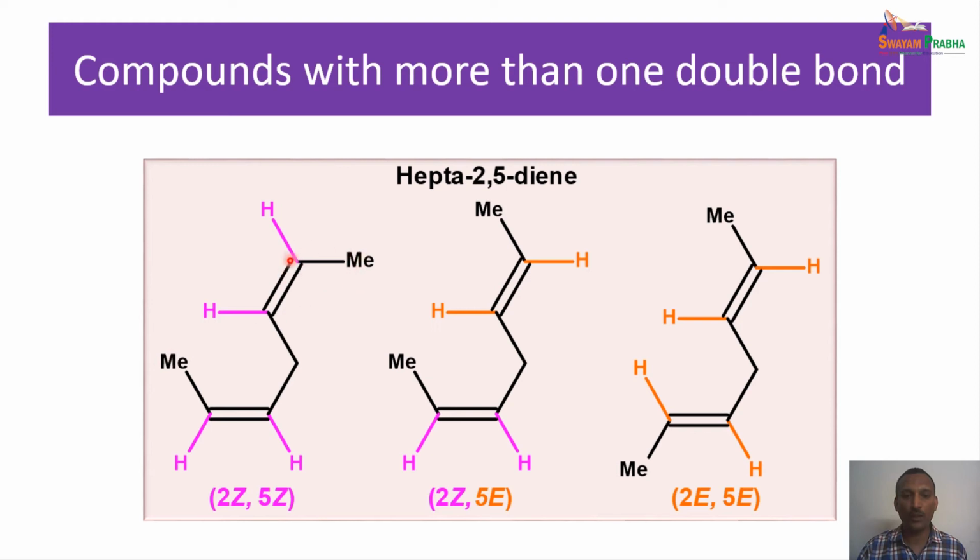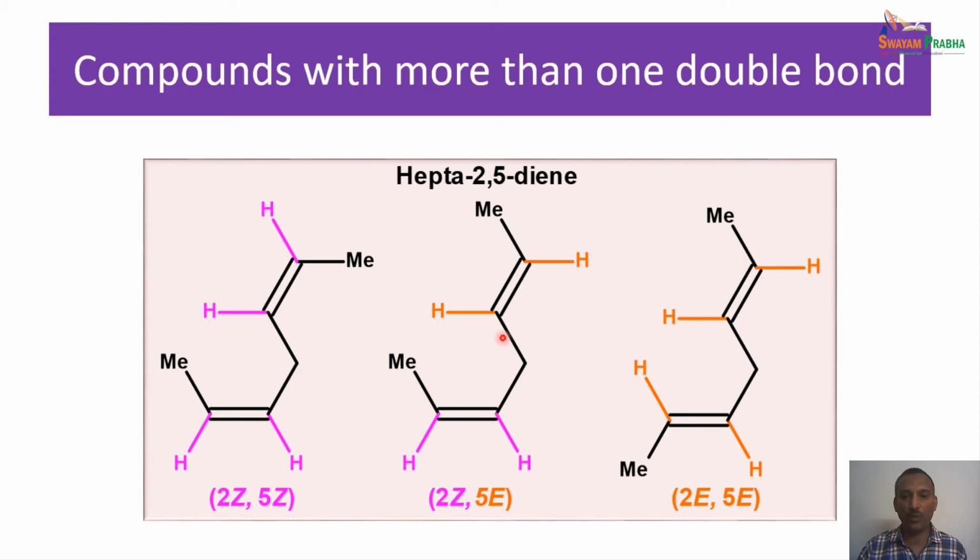On the second carbon there is a hydrogen, and on the third carbon also there is a hydrogen. These two hydrogens are on the same side, so this is the 2Z isomer. When we go to the fifth and sixth carbons, both hydrogens are on the same side, so this is again the Z isomer. So this compound is 2Z,5Z-heptadiene. Like that we can assign the nomenclature for this particular compound.